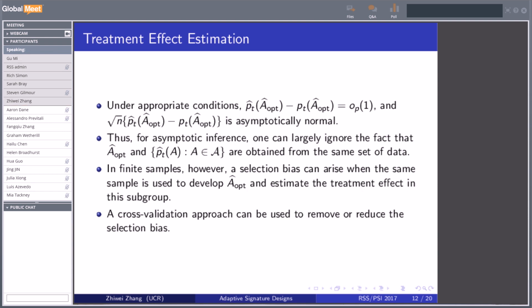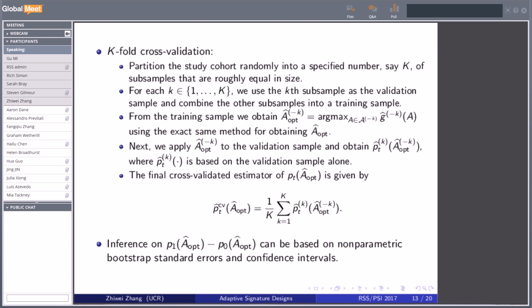So for asymptotic inference, we don't have to worry about the fact that the same data are used for subgroup selection and for treatment effect estimation. However, in finite samples, there can be a substantial selection bias due to double use of the data, which is a well-known problem. The selection bias can be removed or reduced using a cross-validation procedure, which is described on the next slide, number 13.